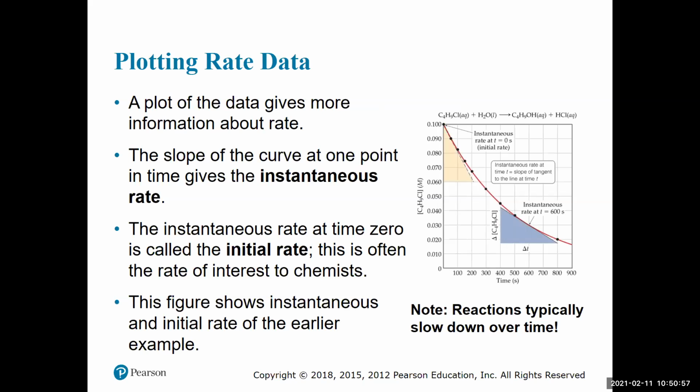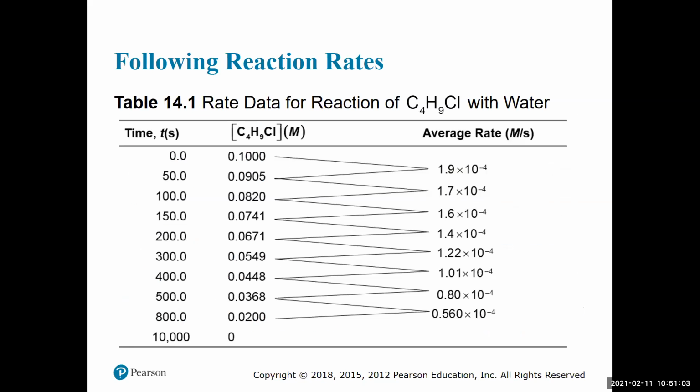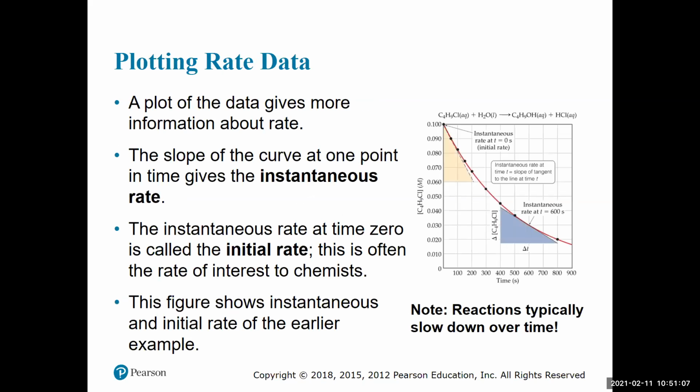Okay, one last thing I want to mention is how you calculate those instantaneous rates that we talked about here. So here we had a bunch of rates. How were those calculated? Well, what you would do is take the data and plot it like you see on the plot here. On the x-axis, we have time, in seconds.